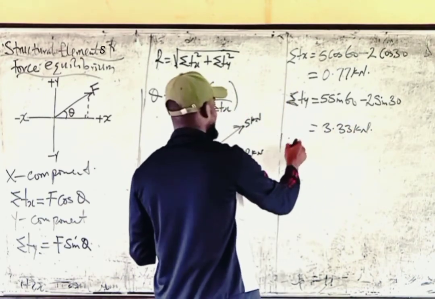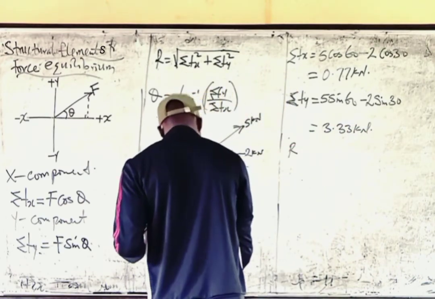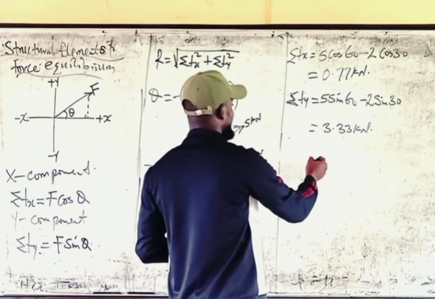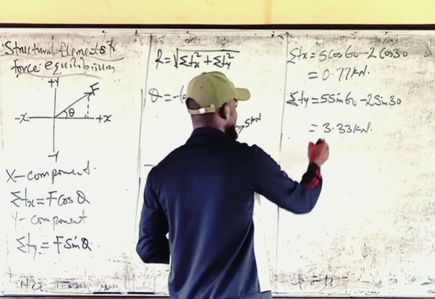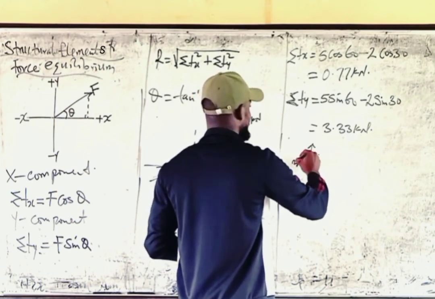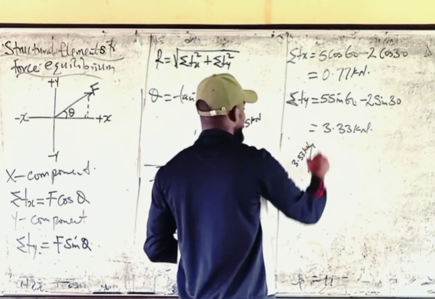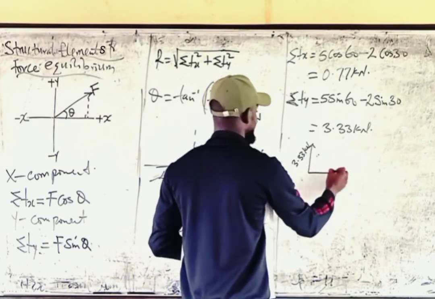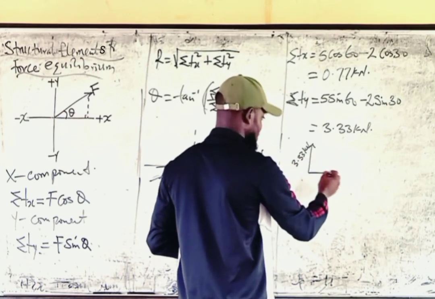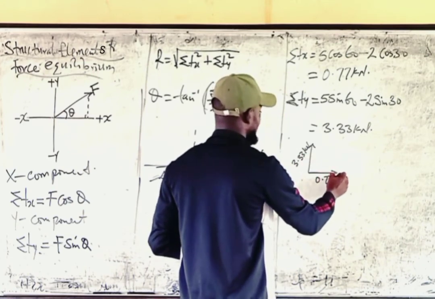So we said the resultant force. Let me show you how they got that resultant. We're having y still positive, that means still going up, and it was 3.33 kilonewtons, and s is still positive. You see, go to this side. We have, although it's very small, this one is just a drawing, 0.77 kilonewtons.